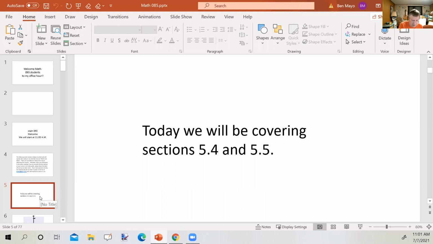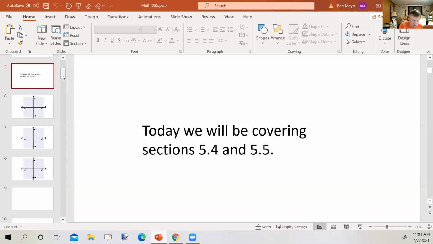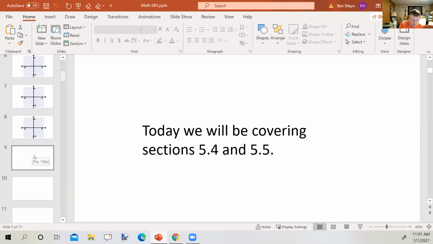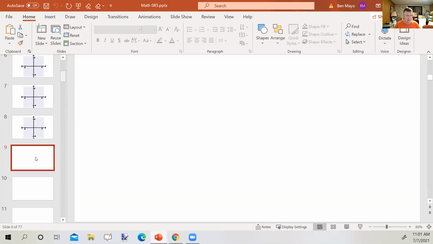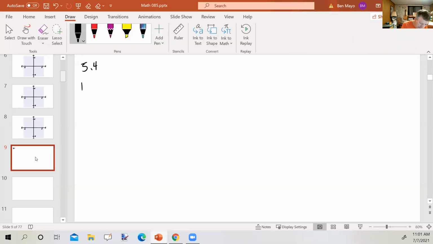Also, I have one question from a student who's actually working ahead. I'm going to go ahead and do this one question. This is from section 5.4, number 18, so this is going to be part of tonight's assignment. It says, evaluate the expression, and the expression is 1/4 b squared minus 1/16 b.